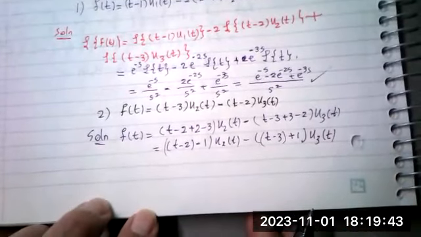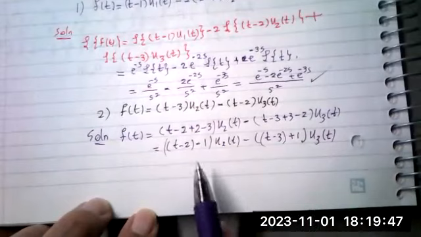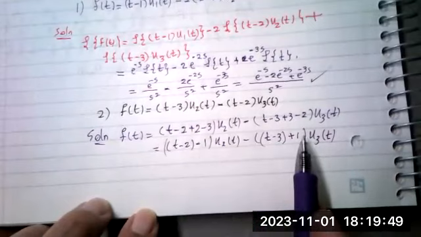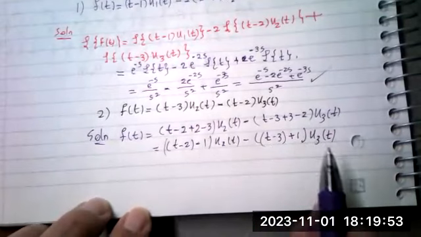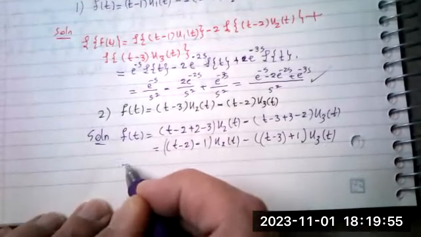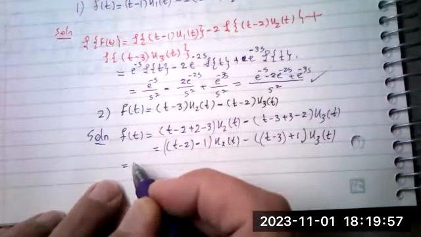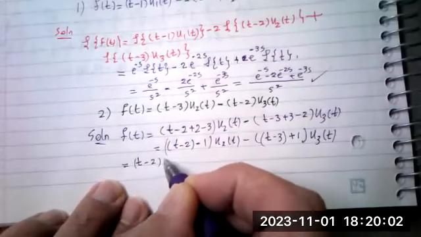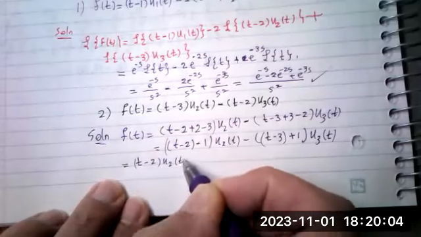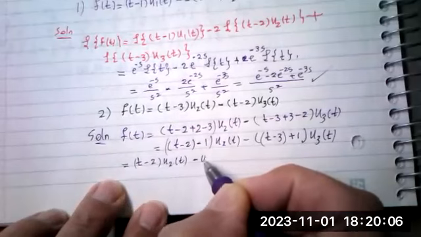What are we going to do next? We have to get rid of this extra term. Multiply. So what are we going to have? It's going to be equal to (t minus 2) u2 of t minus u2 of t.